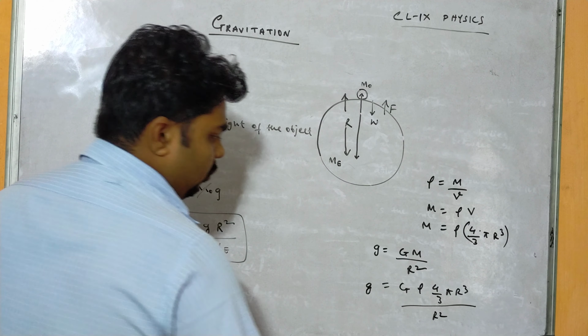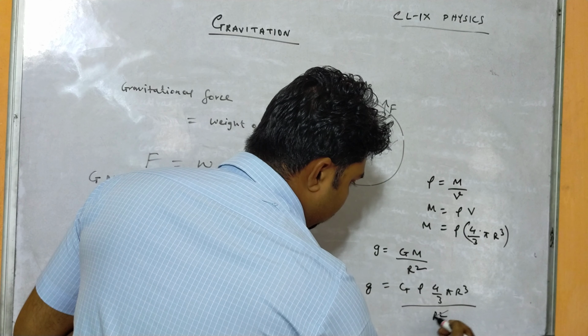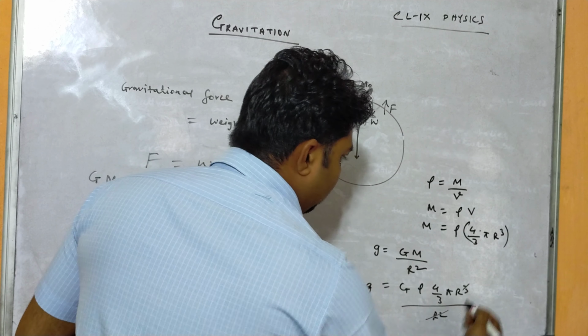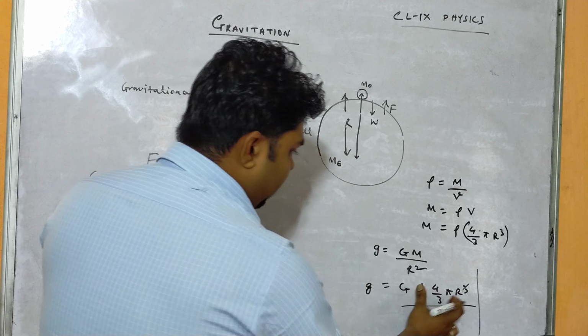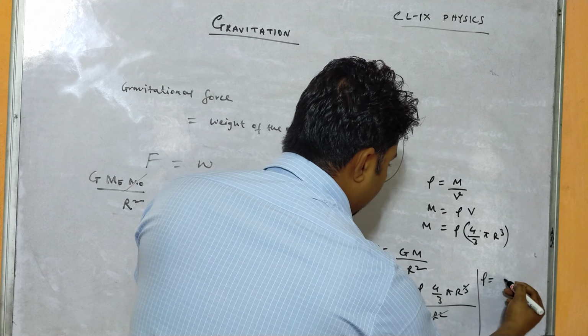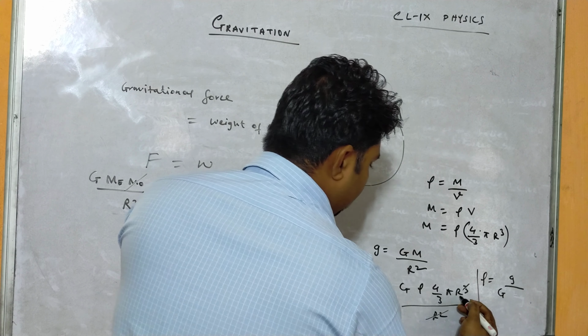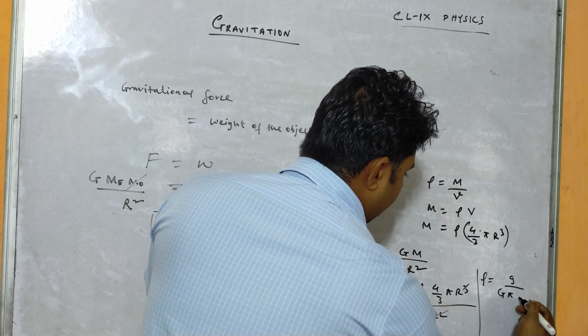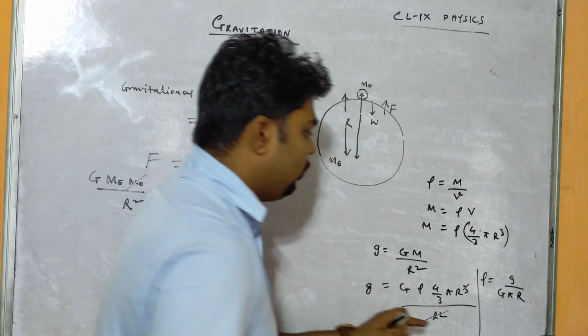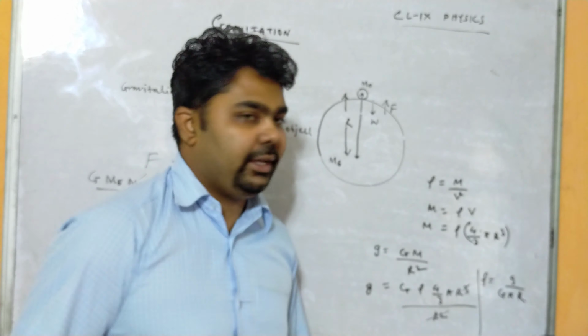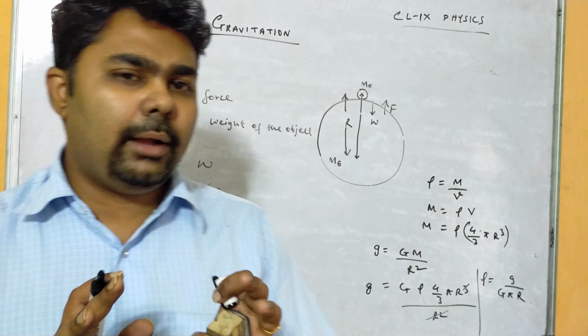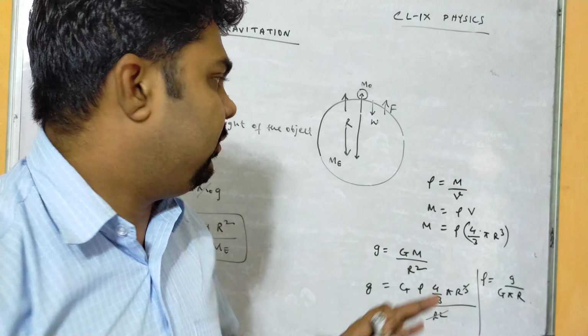You see this r square and r will get cancelled. If we cross multiply, then we will get rho equals 3 g by 4 capital G pi r. Now if we substitute all the values here, we will get the density. We don't have to find this one, just keep the derivation in mind.